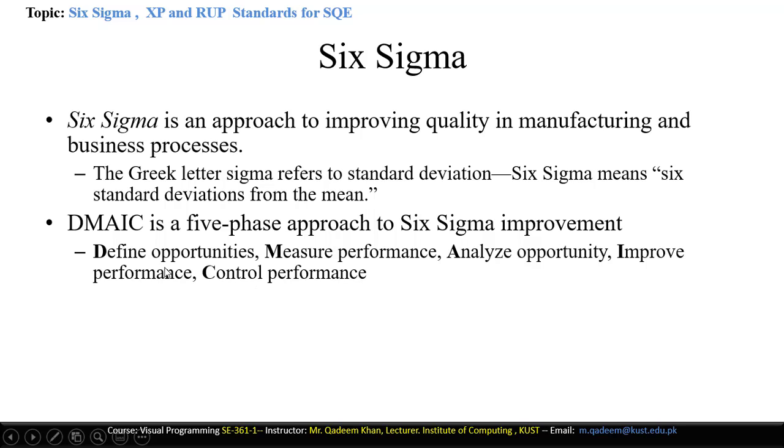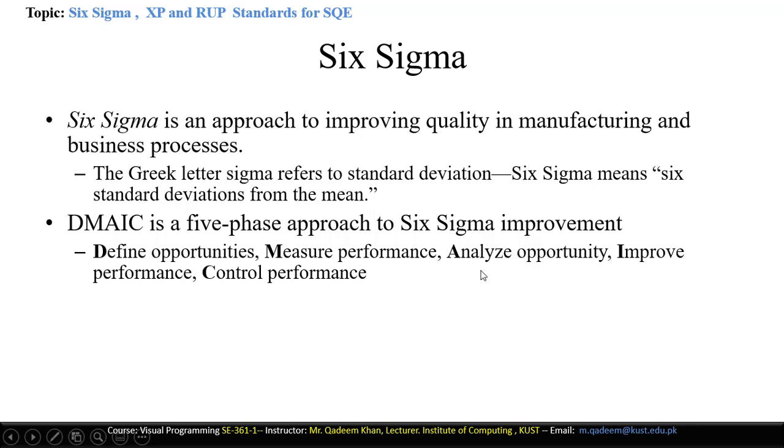Define the opportunity means that here we will identify or define a certain area where we have the opportunity for improvement. Then we will measure the performance, meaning that we will perform certain measurements of how the opportunity will be improved.